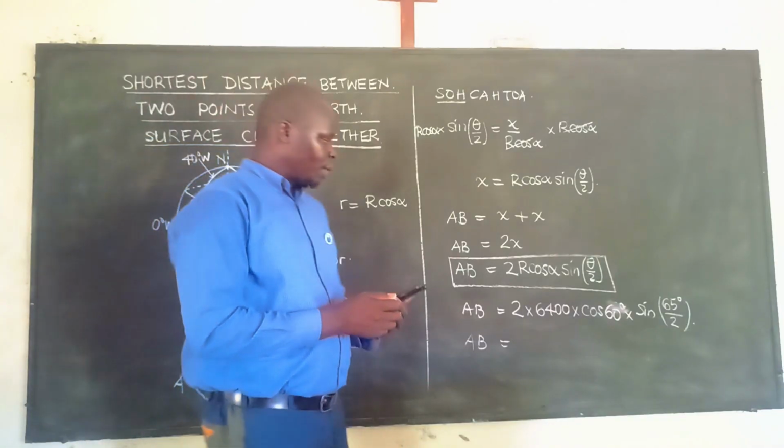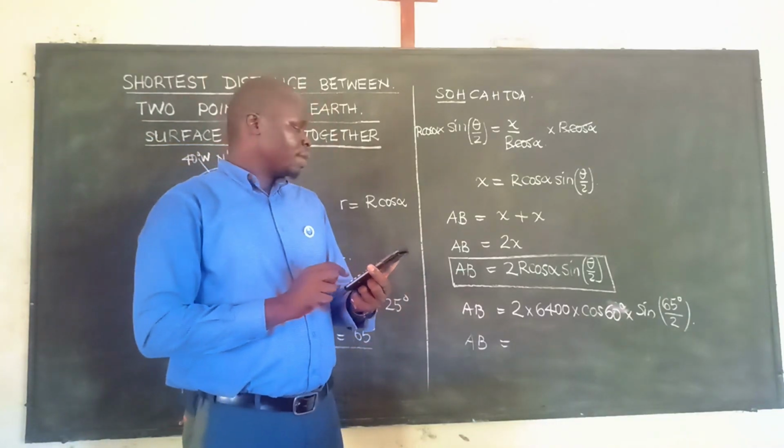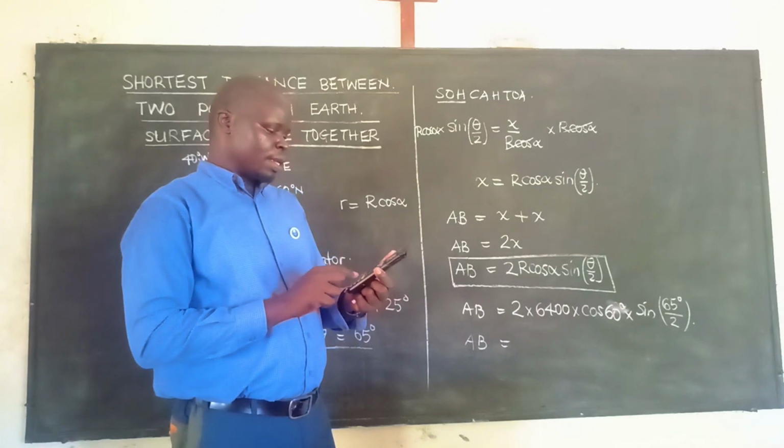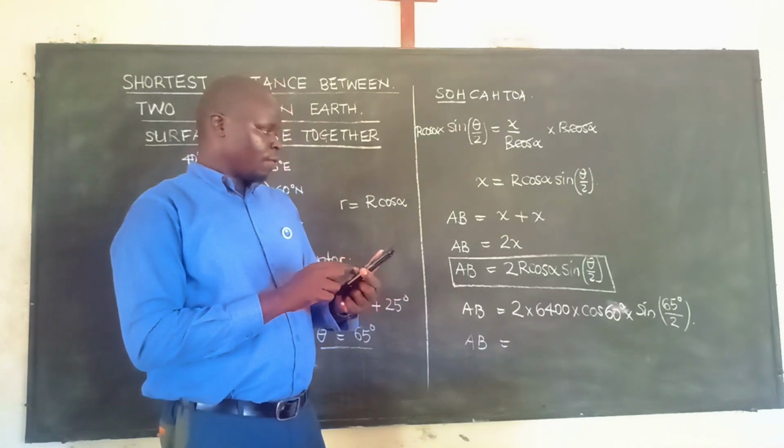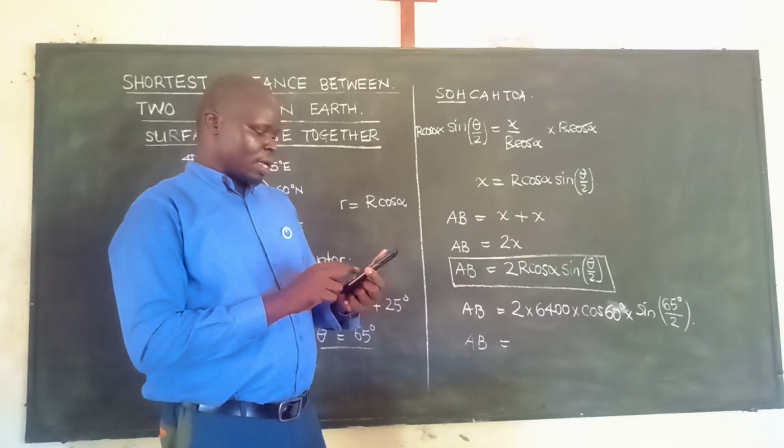So from here, we have 2 times 6,400 times cosine of 60, and we close that bracket.